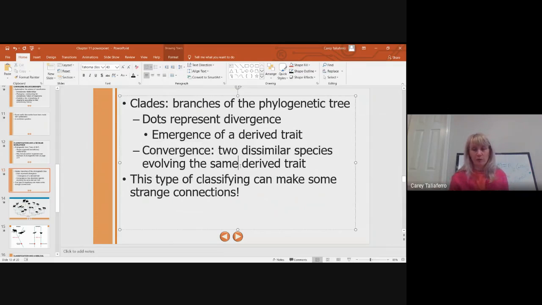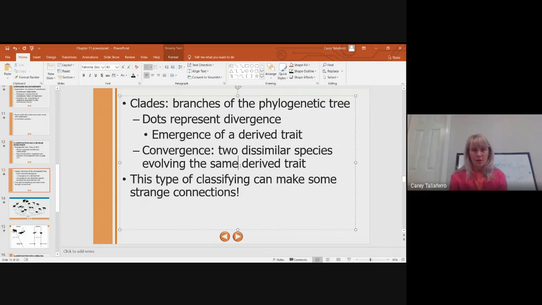That means you have two species that are not really closely related at all, but somehow along the way, they're getting the same derived trait. So what would be an example of that? What do you think? Okay, think about animals that fly. Birds are not mammals. Insects are not mammals.